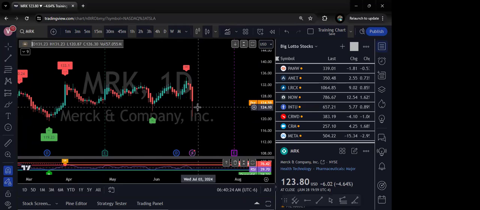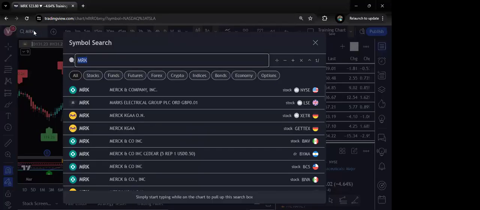The category that I liked was the buy the dip, sell the rip, where we had tons of stocks. We had Lilly there, we had KLAC, we had INTC, you guys saw INTC.